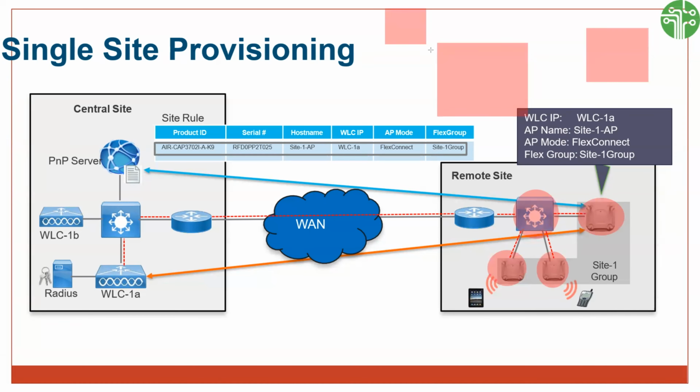You don't need a dedicated WLC at all these locations. Your WLC is in the prime location, A and B, primary and secondary. Maybe it is physically located in one location, and these remote sites are in different locations. So from this controller, over the WAN, we have the CAPWAP tunnel.